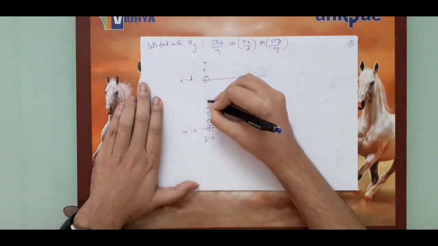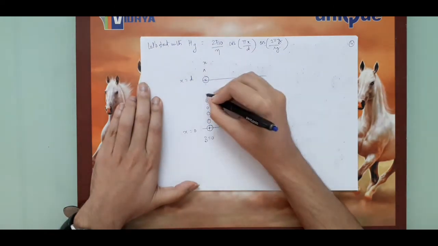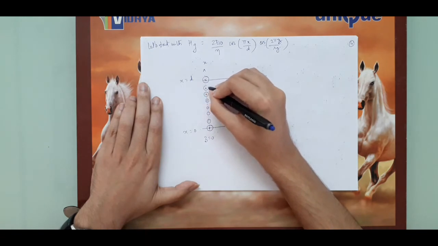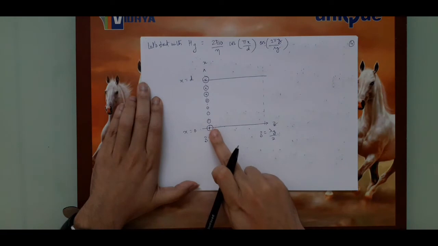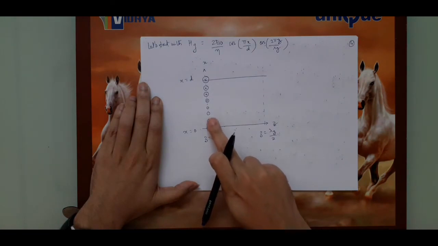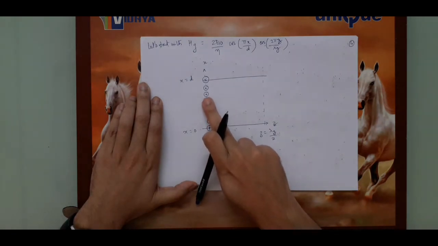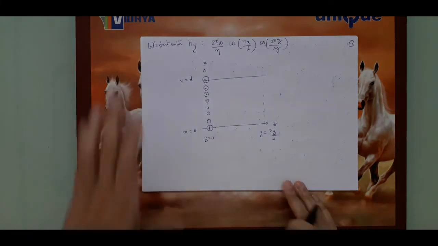Here you're going to have a small down arrow. It's going to now keep getting bigger, and the biggest will be over here. So positive highest reducing to 0 and now increasing to negative highest. That's it.